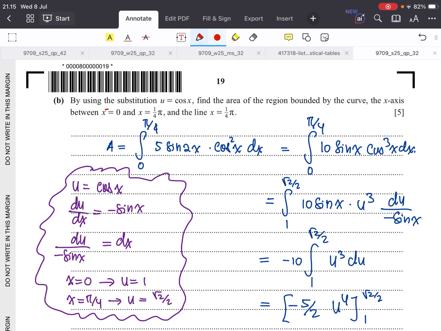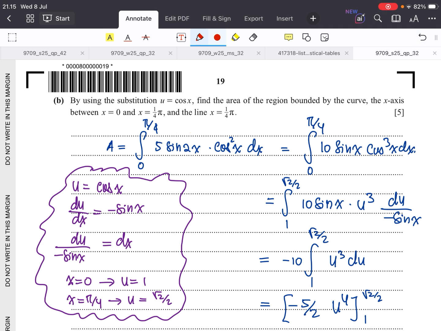The question asks you to use substitution u equals cos x. But before that, again we use double angle formula. Sin 2x we can change into 2 sin x cos x, and it can be simplified into this form.